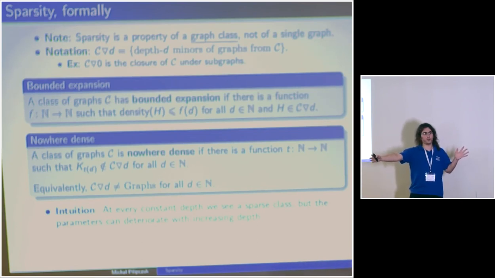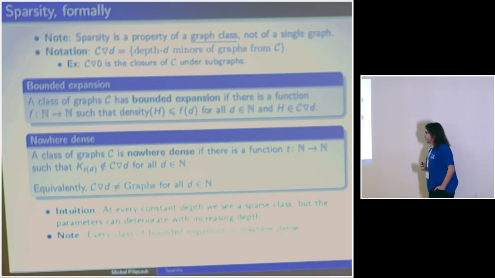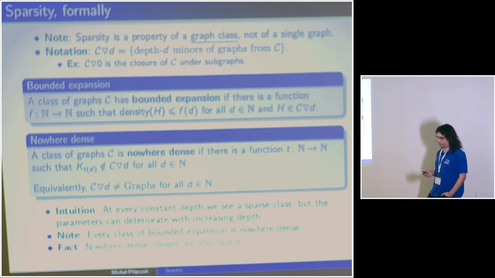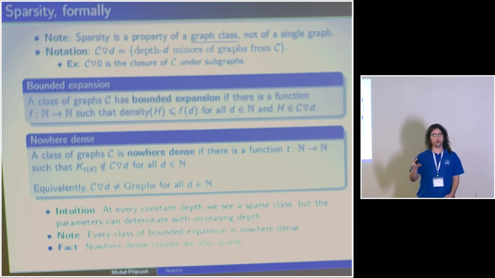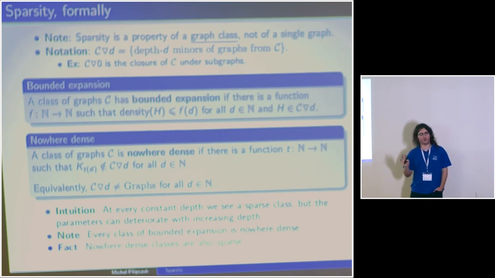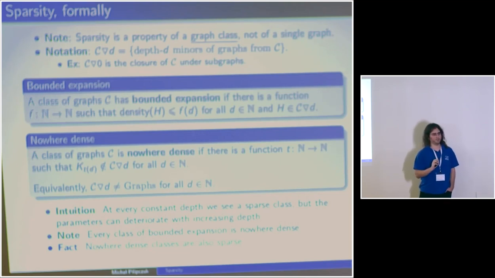They have a quadratic number of edges. However, the converse is not necessarily true. There are classes that are nowhere dense but do not have bounded expansion, but these are sort of degenerate cases. It's not trivial to see.